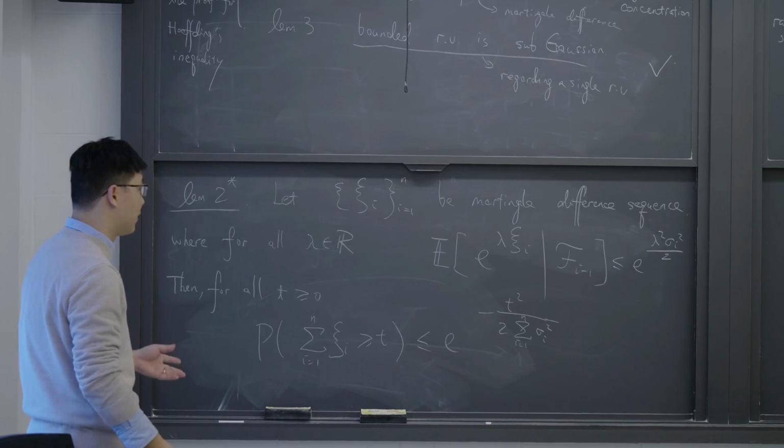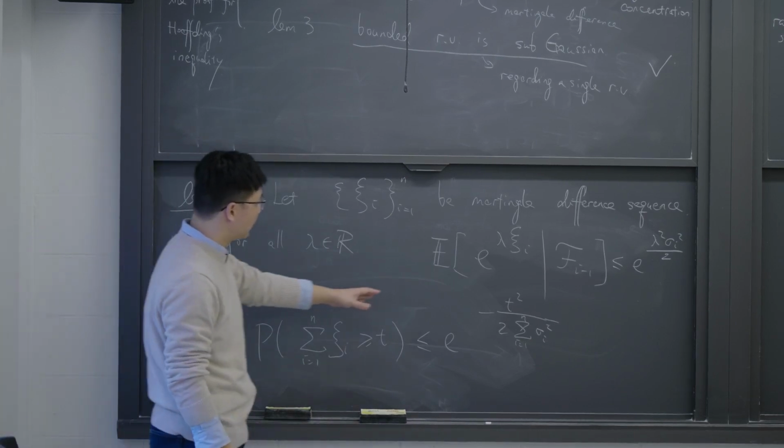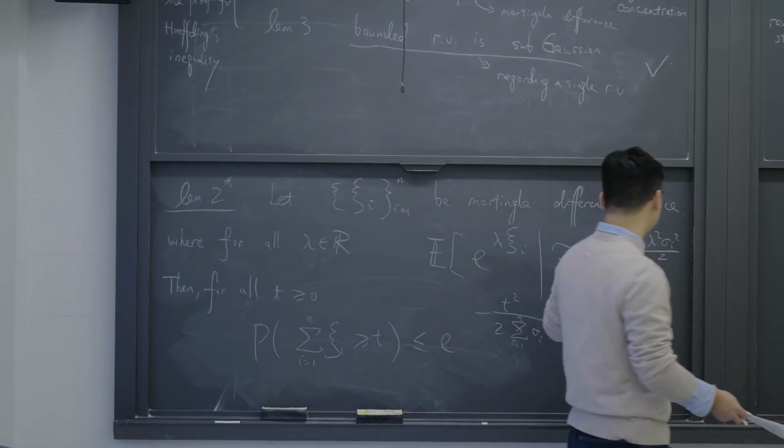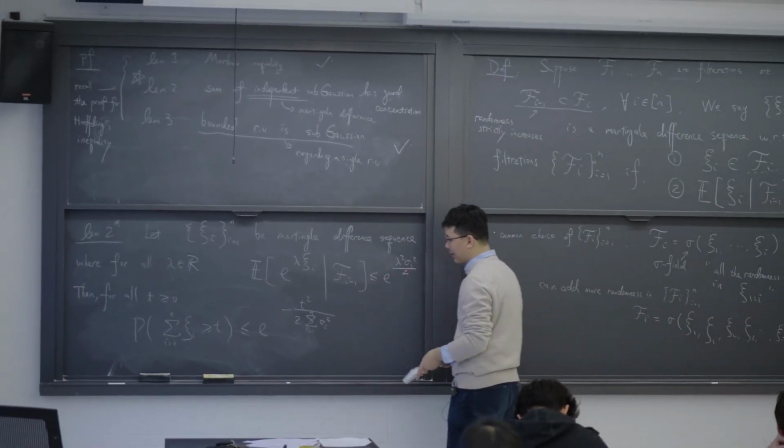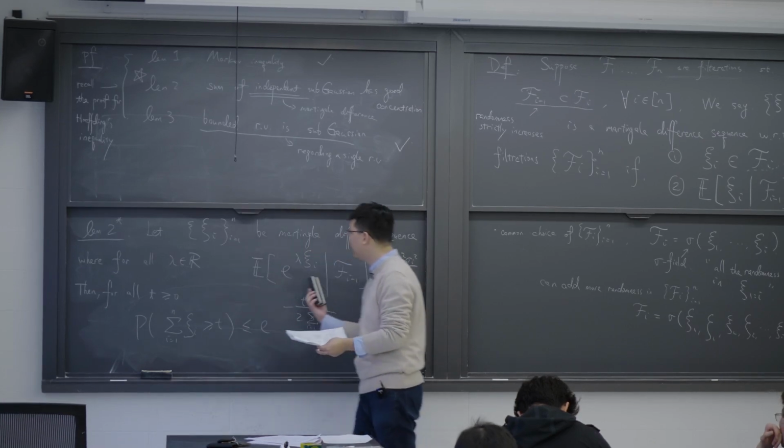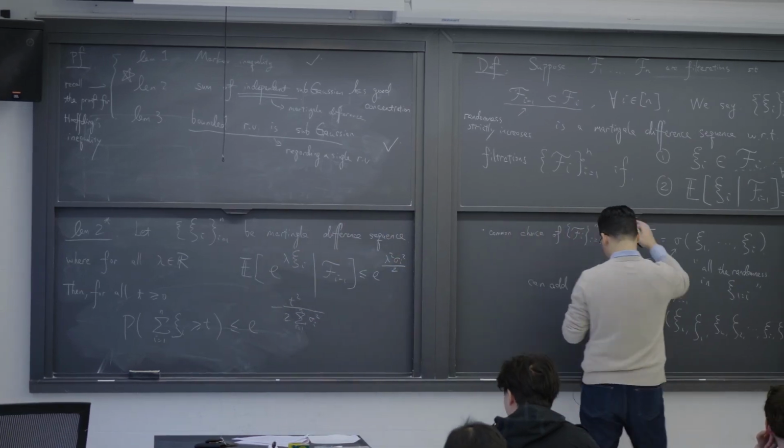So everything is the same as the last lemma. The only difference is now we change this original unconditional expectation to the conditional expectation, because it's no longer independent. It's a Martingale difference sequence.